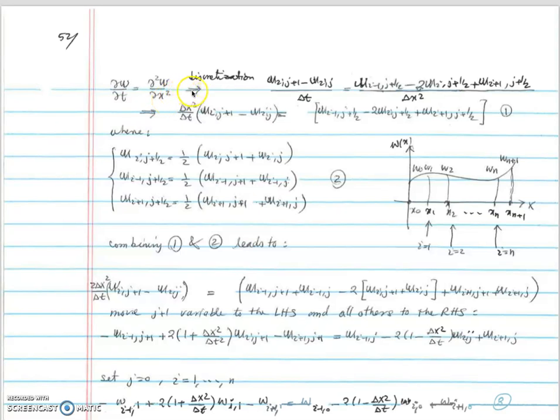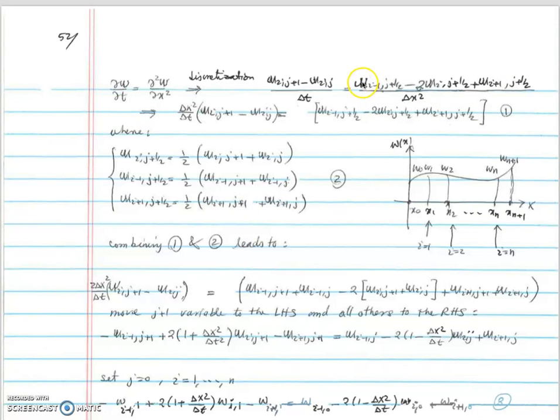We learned in class that if you do discretization using central differencing on both sides, we get something like this. On the left side, we get w(i,j+1) minus w(i,j) over del t. This is equal to everything on the right side, which is now going to be centered at j plus half.